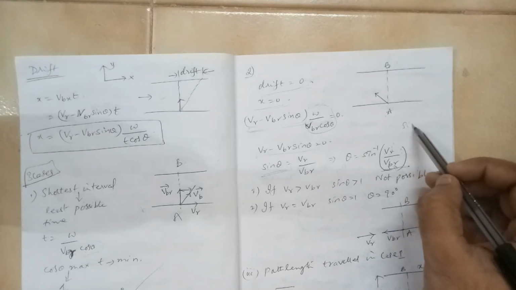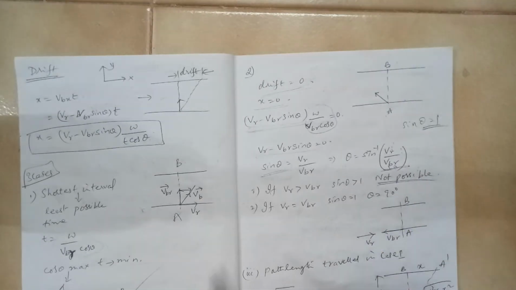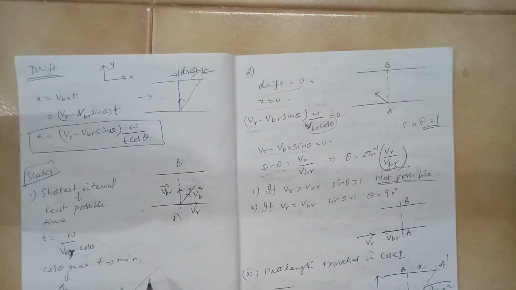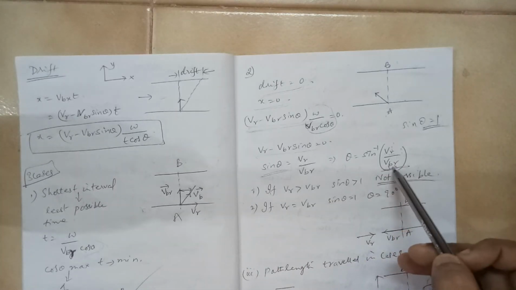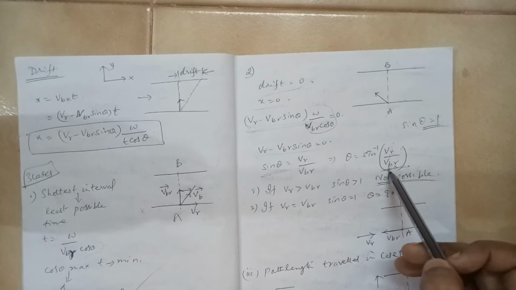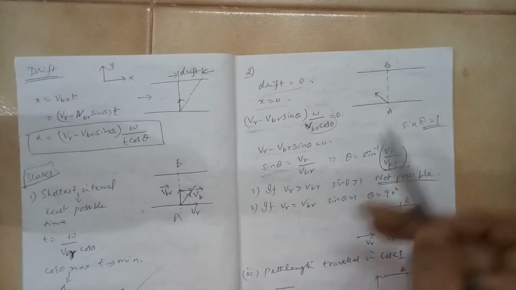So sin theta value maximum is 1. It cannot be more than 1. So this case is not possible. If you think technically also, practically, if velocity of the river is very high when compared to VBR, the person will never reach B. He will simply drift away.